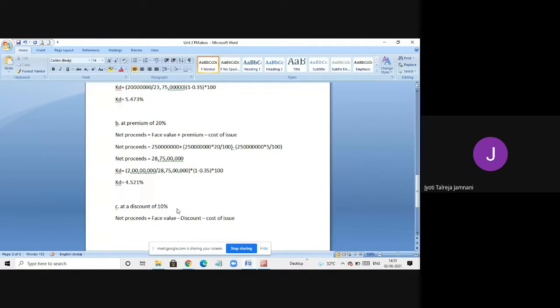Do you know why do we issue at premium or discount or at par? A debenture is issued at par when it is going to be issued at its face value, nor the company is going to collect more money from you nor less money. Whatever is the face value, by that much the company will issue and you will get the bonds. They issue it at premium when there is huge demand for bonds.